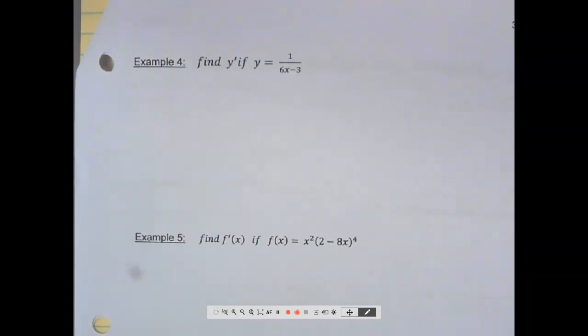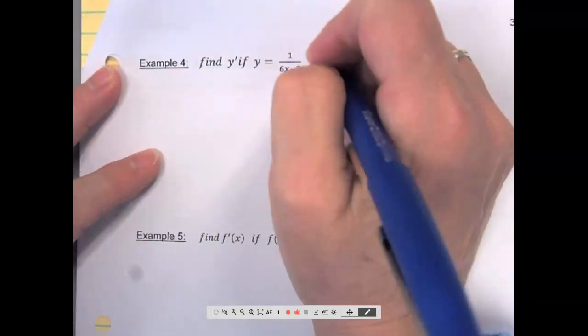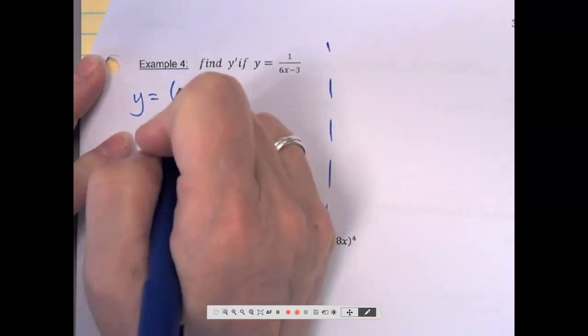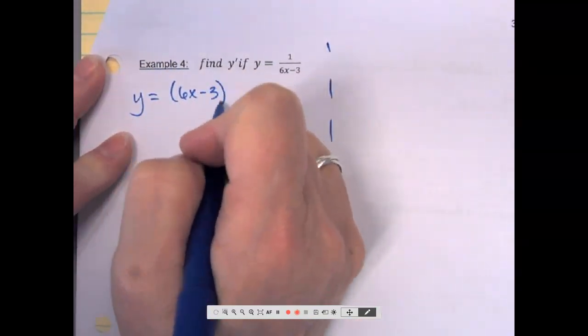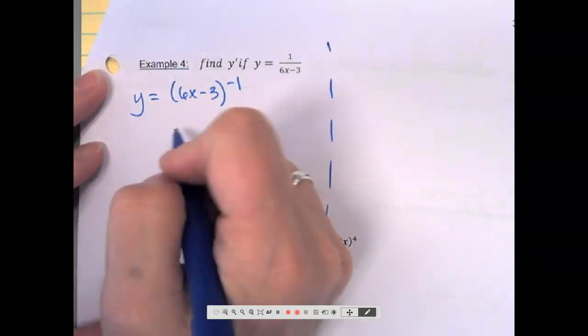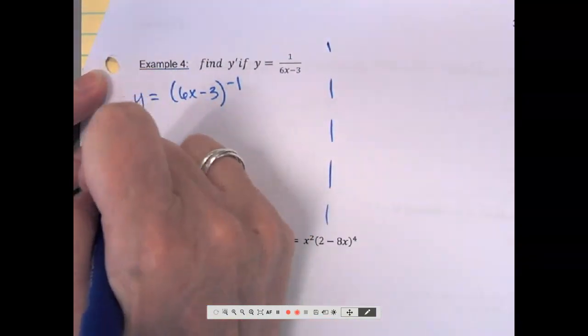Okay, I have two options on this one. What's one over 6x minus 3? 6x minus 3 to the negative first. That's one option. Rewrite it as 6x minus 3 to the negative 1. And then I'm going to do the power rule derivative and then the derivative of the inside. Let's just keep going with this and then we'll talk about the other way.